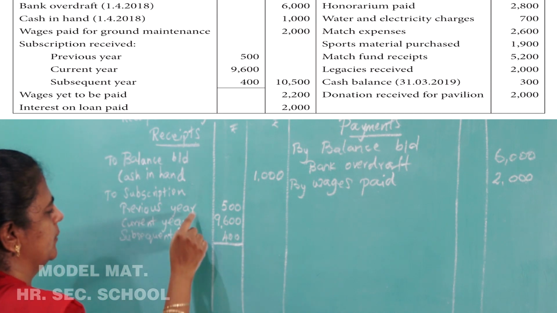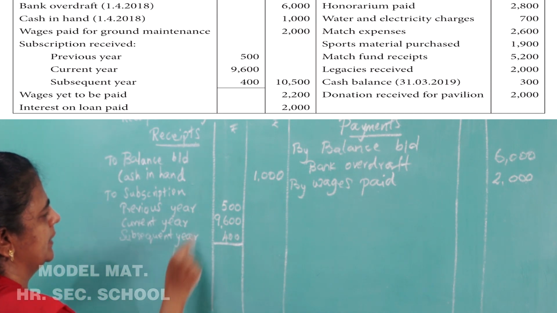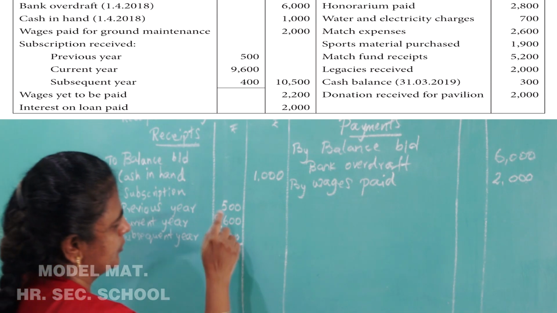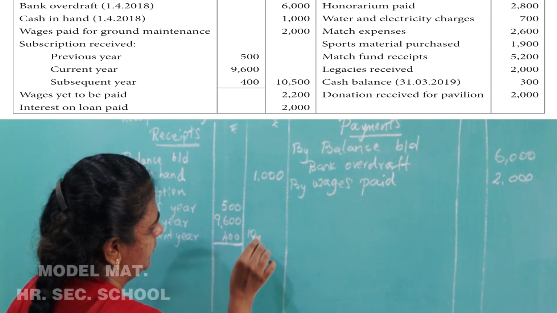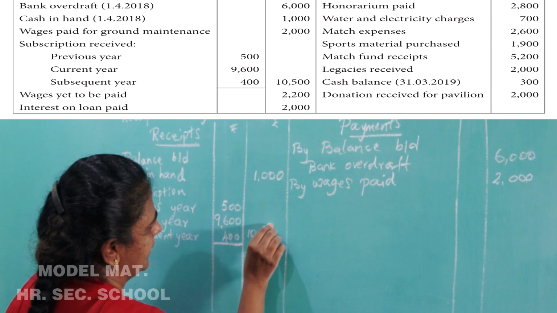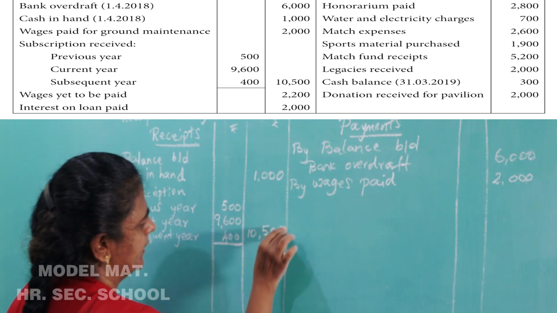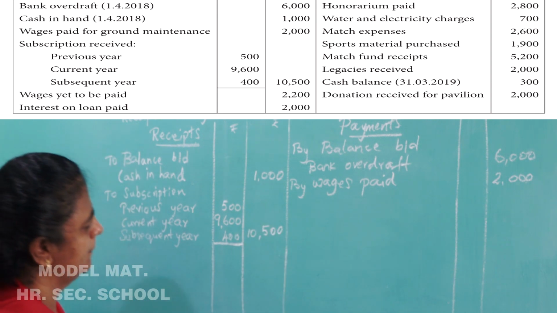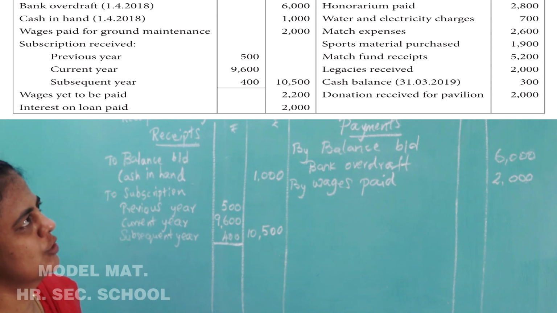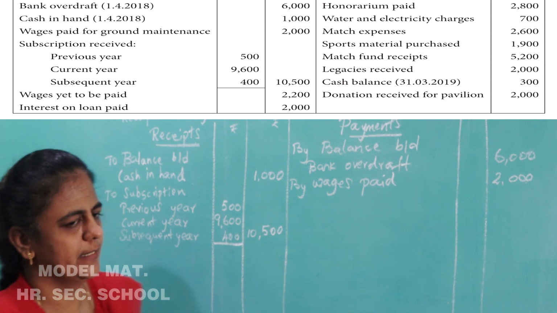Add everything, previous year, current year and subsequent year, because all of these are receipts. So you put here 10,500. Is it clear?